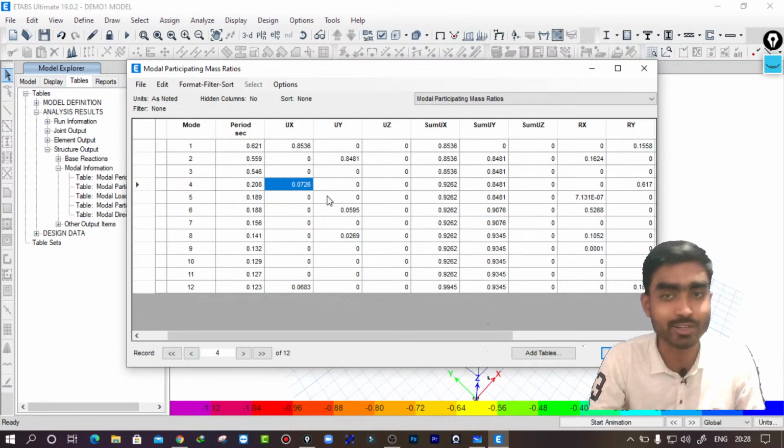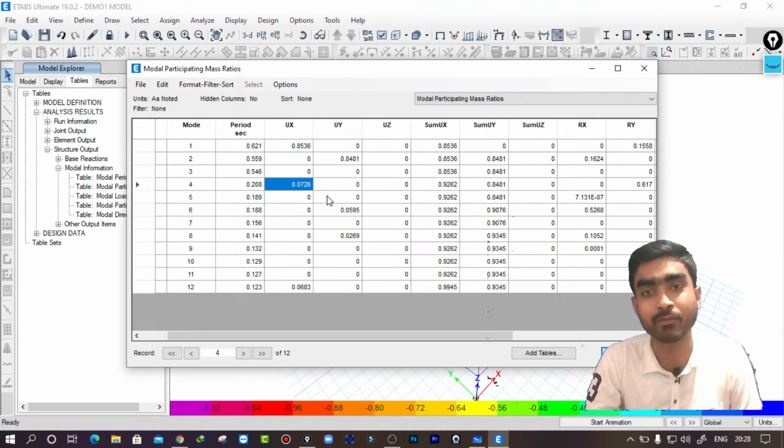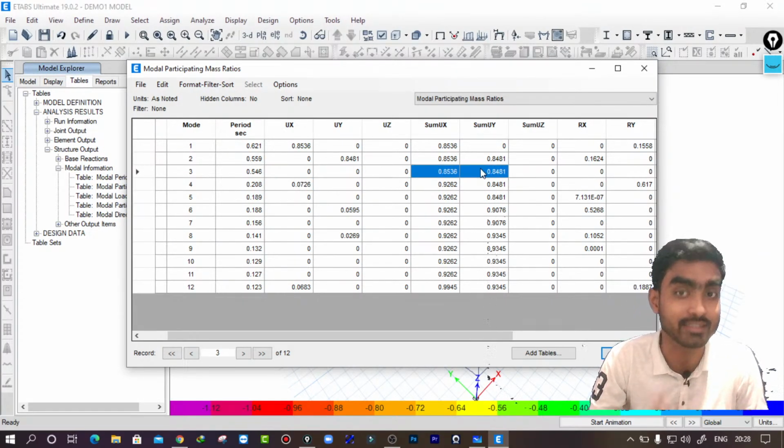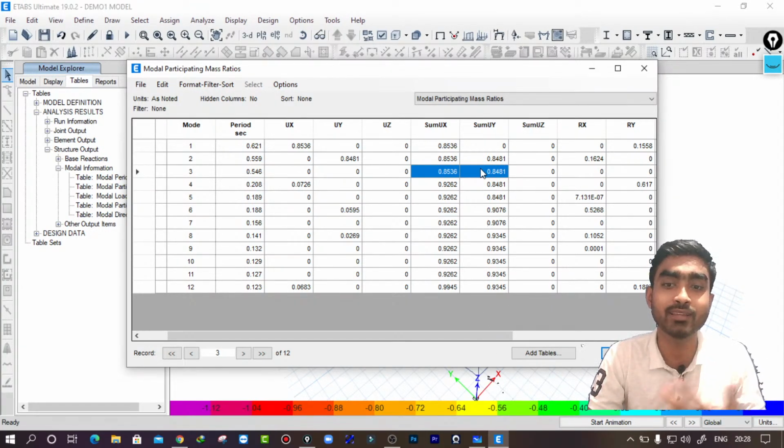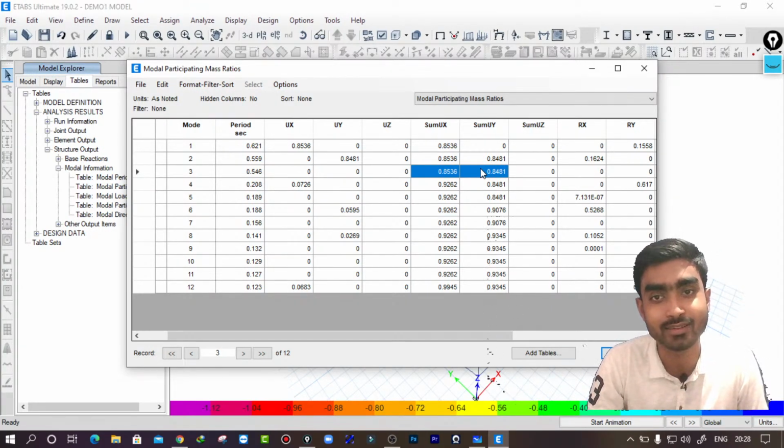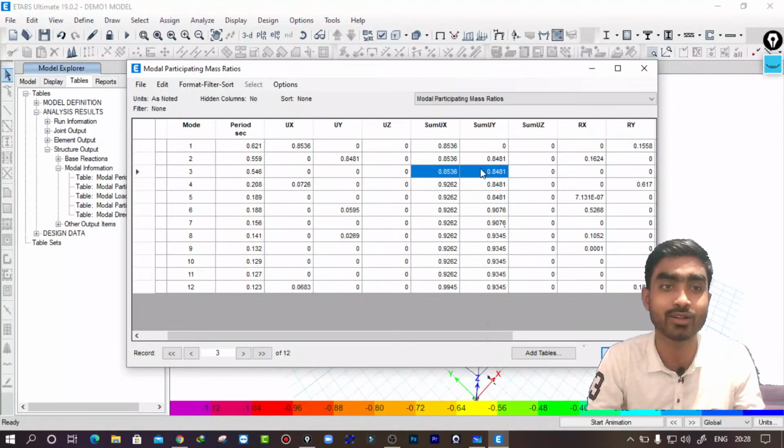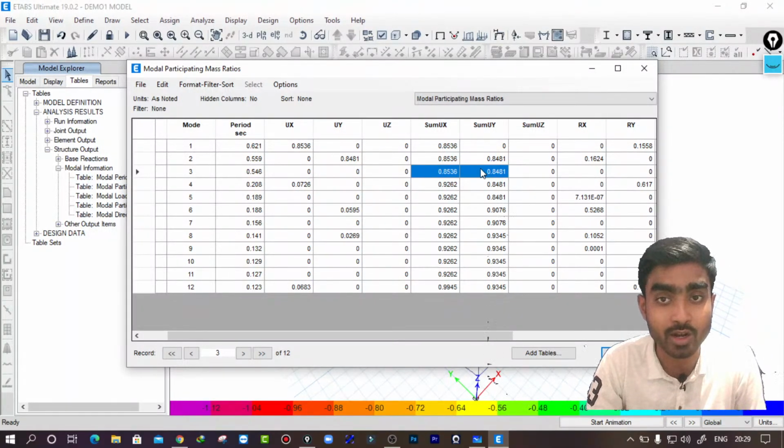So that's why most of the time we go with the philosophy of the practicing engineer, because whatever codes we have are made by practicing engineers themselves, as per the practicing conditions in an area, or you can say in a country.